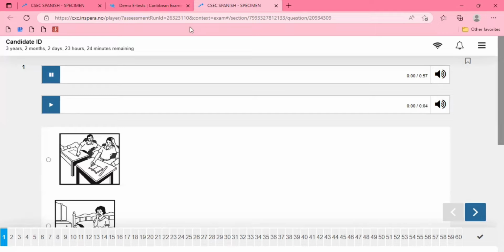Caribbean Examinations Council, Caribbean Secondary Education Certificate Examination, Spanish, Paper 1, General Proficiency, Part A, Listening Comprehension, Items 1 to 30. This is the listening comprehension part of the multiple choice paper.